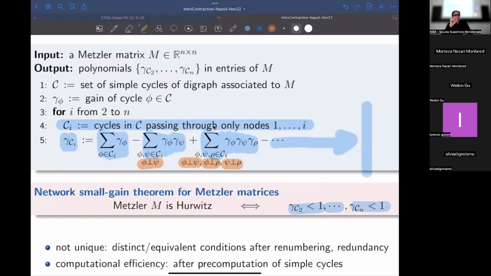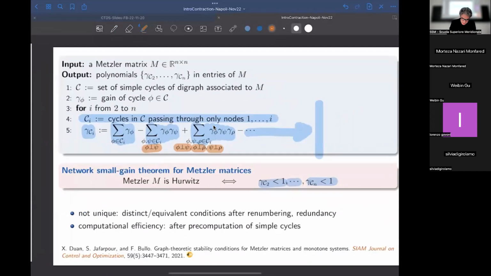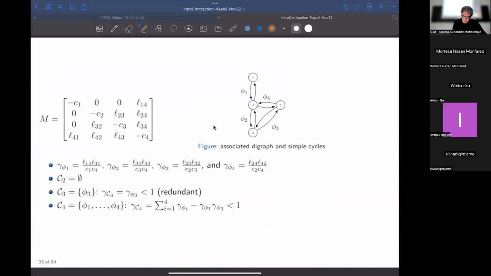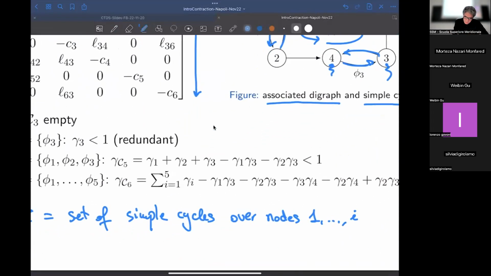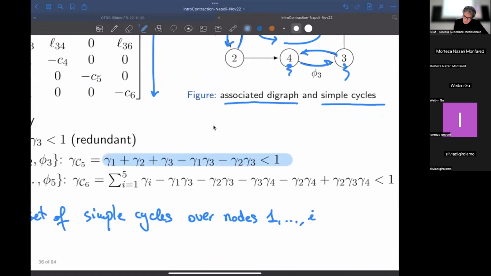For each individual cycle, compute the gain. Then look at the sets of cycles, and for each set of cycles, compute the gains. All of these operations are polynomial on the weights of the matrix. At the very end, you obtain a collection of polynomials that need to be less than 1. Does that make sense?